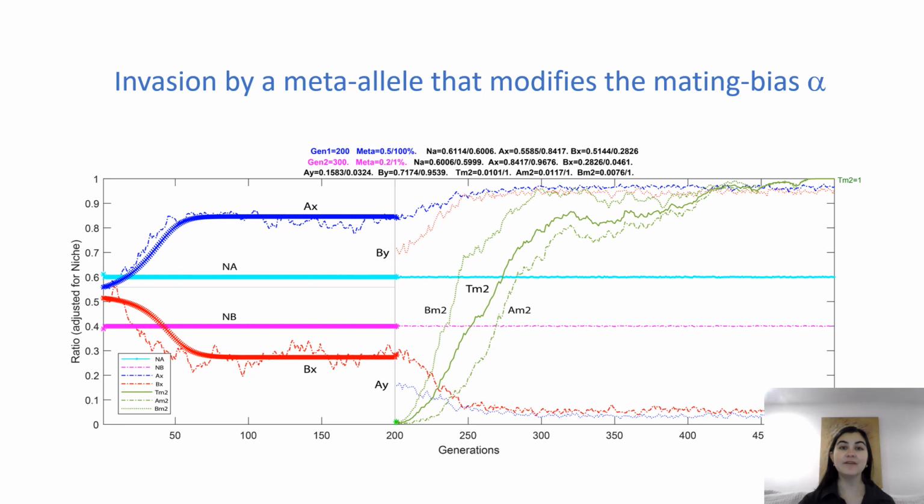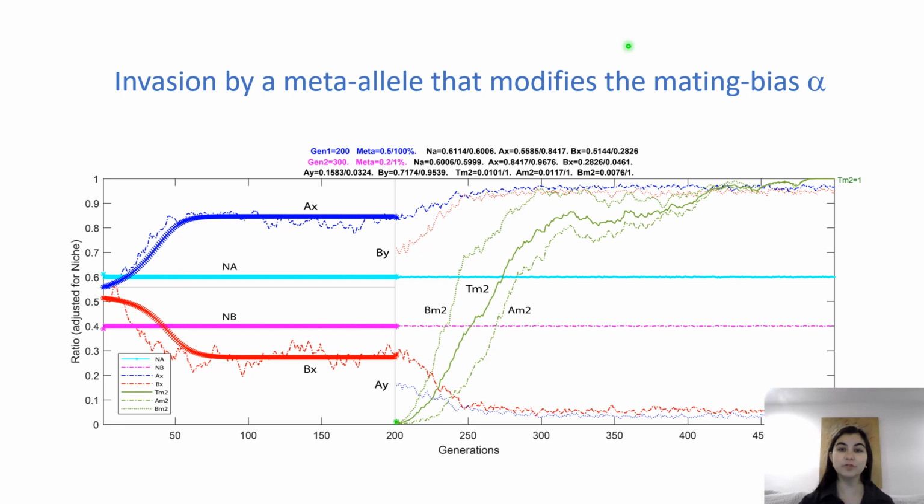Similarly, we can have a mating bias allele that can modify the mating bias variable alpha. For example, if we have an allele referred to as a meta-allele that can change alpha from 0.3 to 0.1, this graph shows that the AX and BX populations have stabilized, and at generation 200, the small population of the meta-allele can invade and go to fixation, shown by the green line.